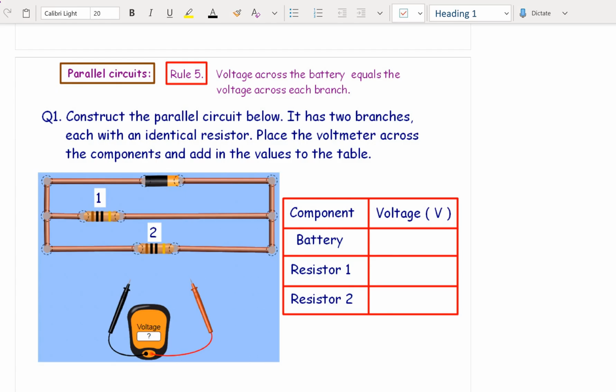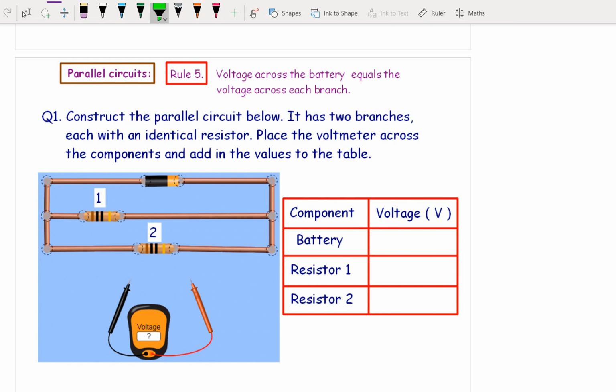Great, okay, so let's have a look at the booklet now. We're looking at question 1. Go on to Google, put into the Google search engine PHET DC circuit, and you'll get to that circuit construction kit that we've used before.